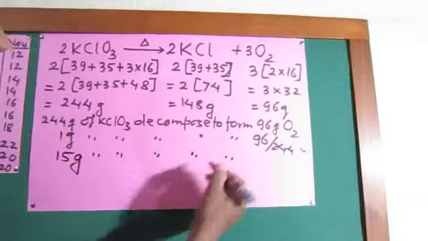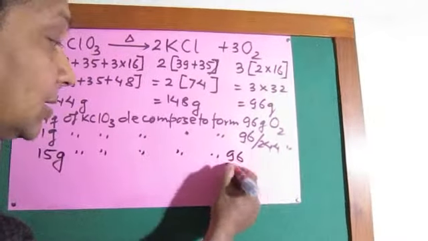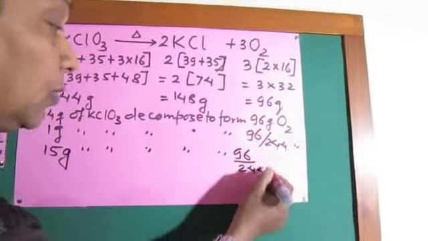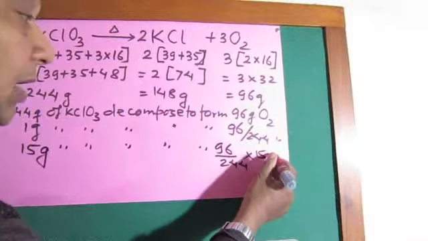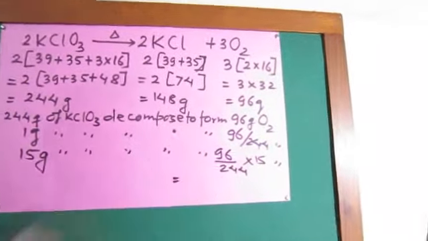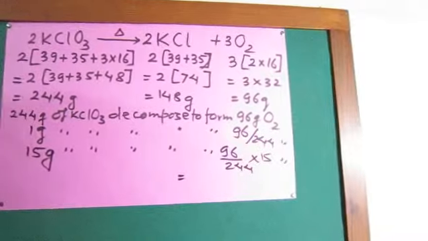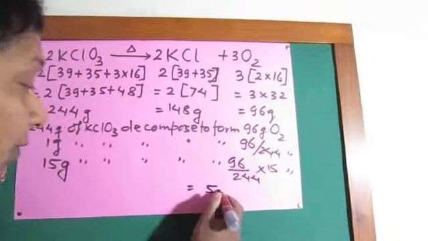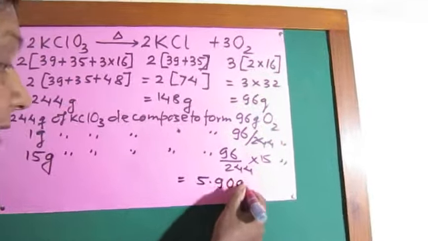When it decomposes, it forms 96 by 244 into 15 gram of oxygen. And if we multiply 96 by 15 and divide by 244, then we'll get 5.90 gram.